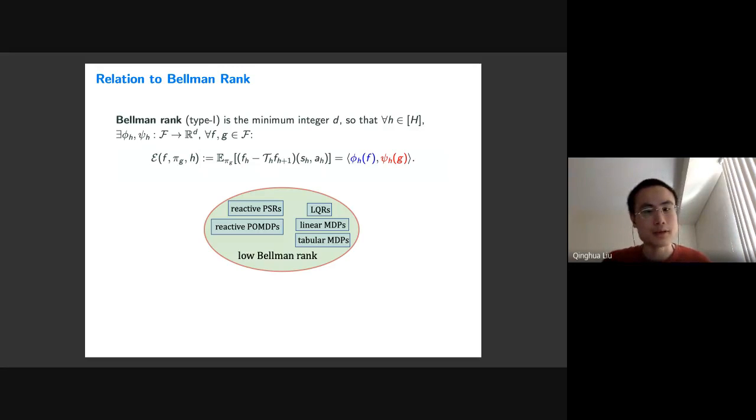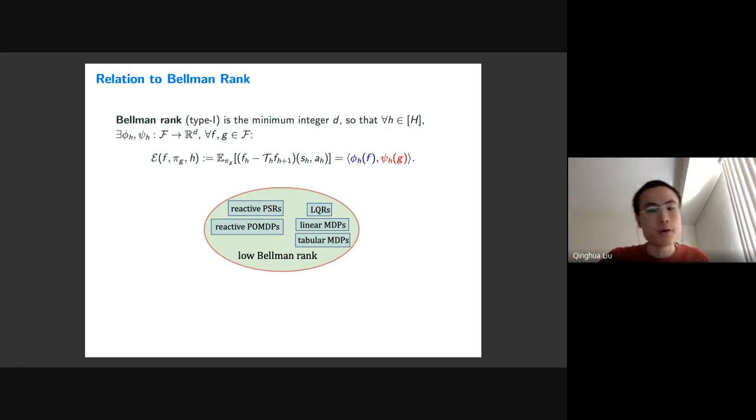The Bellman rank is defined to be the minimum integer d such that there exist two vector-valued mappings phi and psi, so that the Bellman error of function f at step h, evaluated using the policy pi_g, can be decomposed as the inner product of phi_f and psi_g. Here pi_g is the greedy policy with respect to some function g inside this function class.